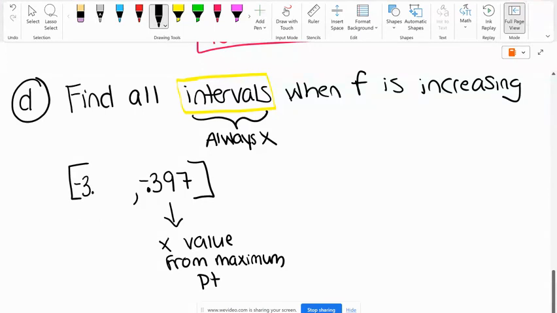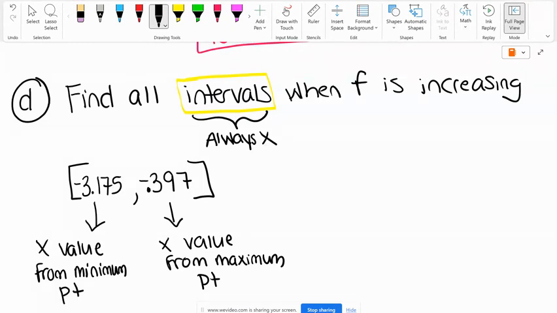Negative 3.175. And this represents the x value from the minimum point. Can I go back to my graph? Okay.